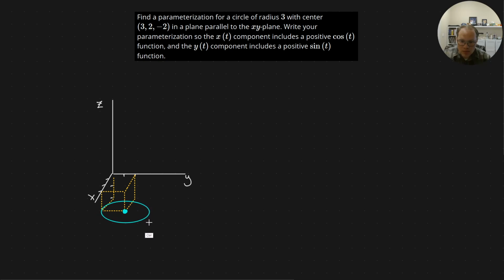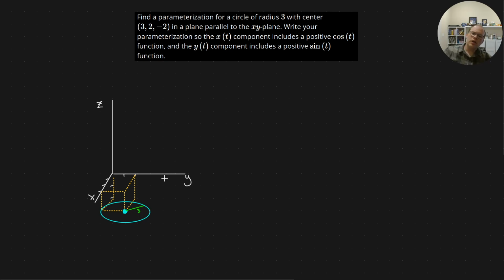Okay, so something kind of like that. It's not a perfect drawing, but the radius we want to be 3. All right, it's going to be easiest to think about this in pieces.